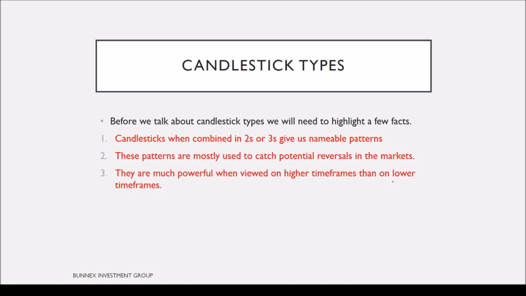They are much more powerful when viewed on a higher time frame than on a lower time frame. Why? Because the lower time frames have a lot of noise. So to successfully trade candlestick reversal patterns, H1 and H4 can be used. Some would even go on the daily time frame, whereby if they enter a trade, they will hold that trade for several pips.